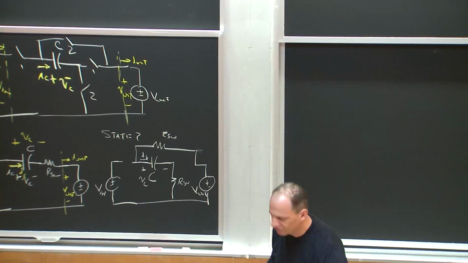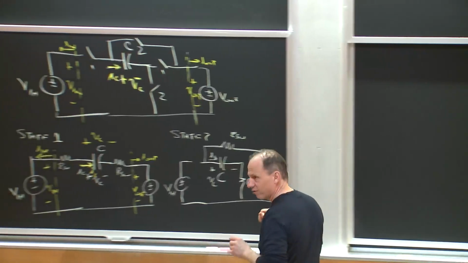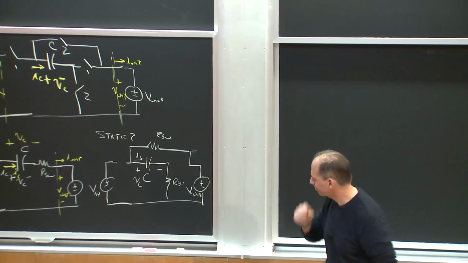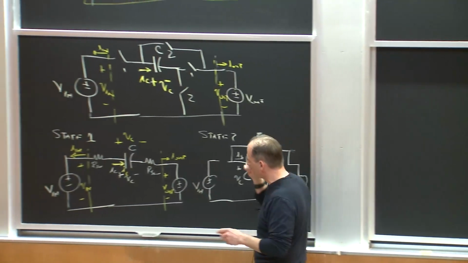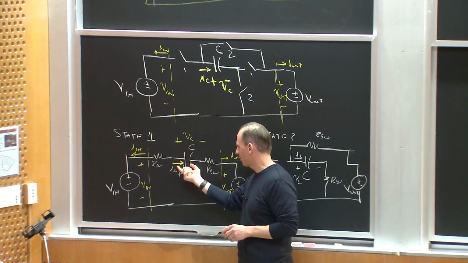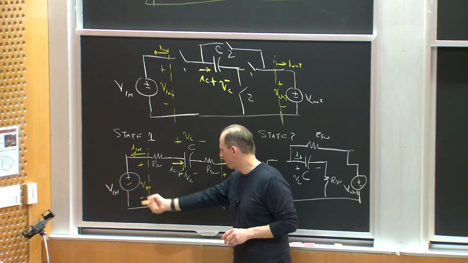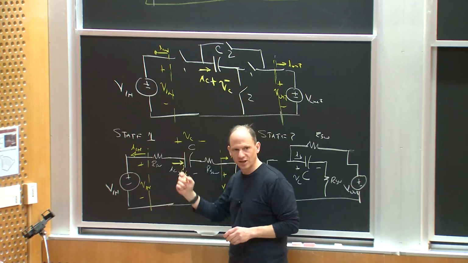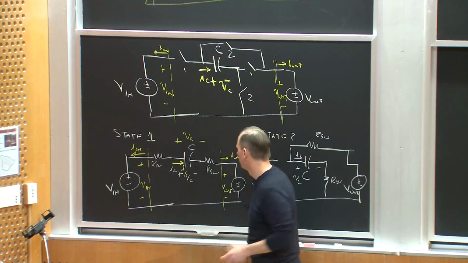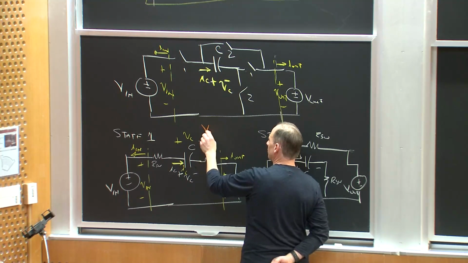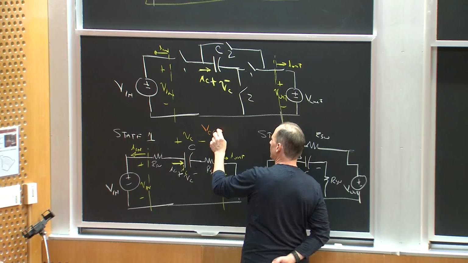So at the end of state 1, what I'm going to assume for my first analysis, and this is what's known as the slow switching limit, is that I close my switches and this capacitor charges to some final value and then stops charging. Okay? So what would be the final value of the capacitor in this state 1? So VC in state 1 at the end.